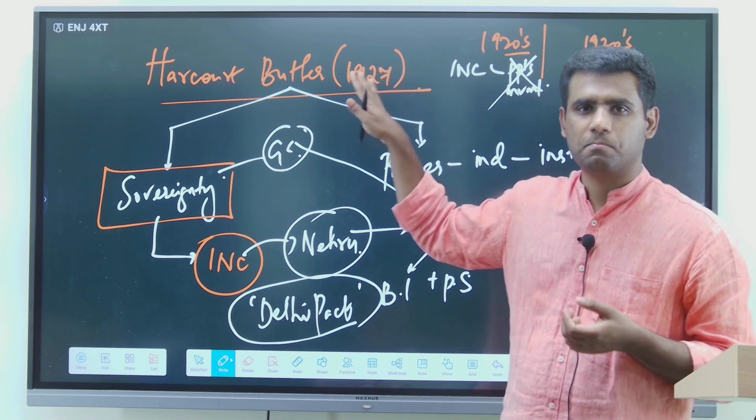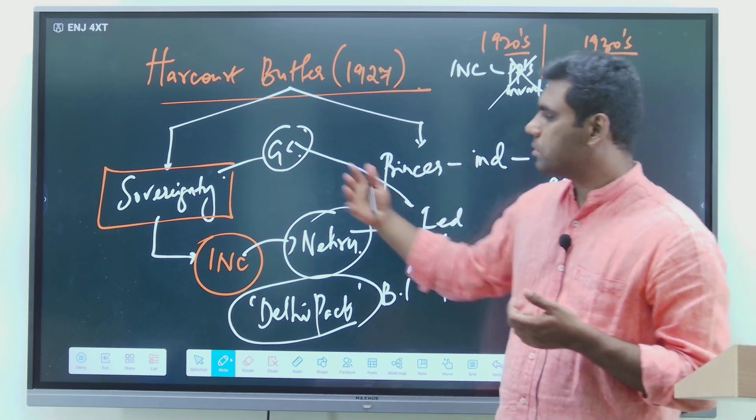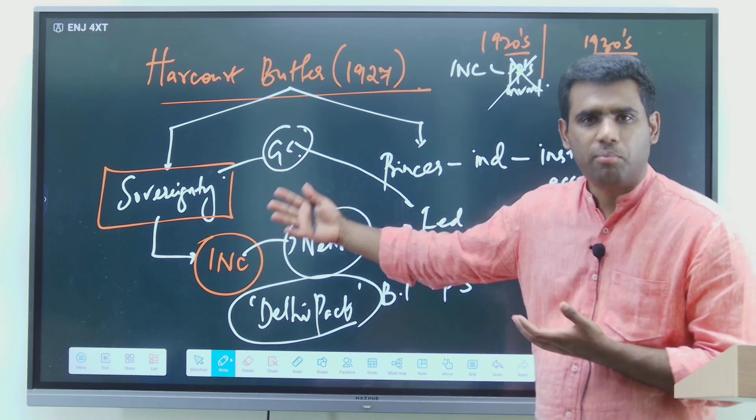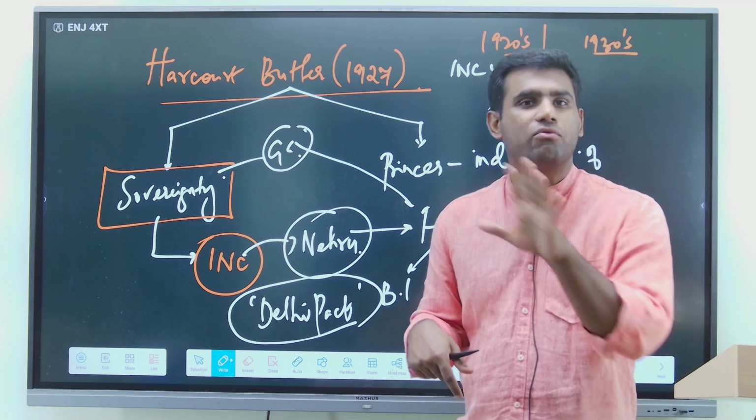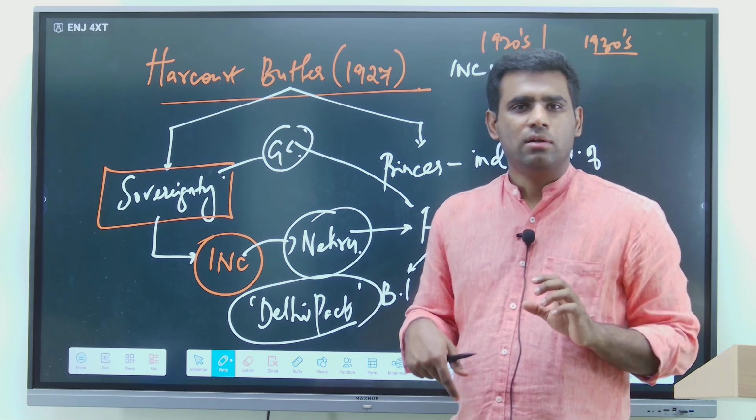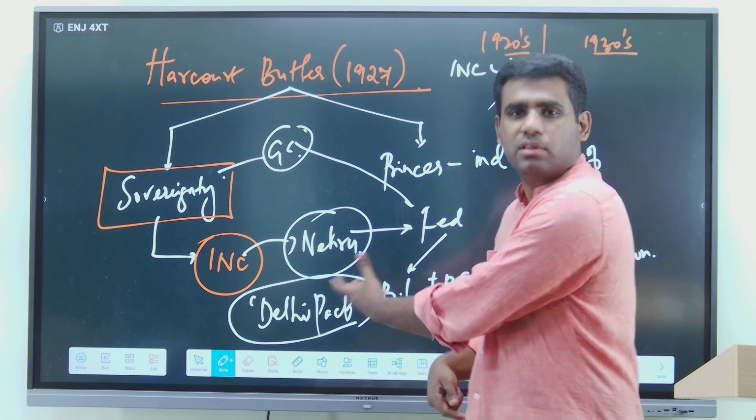the princely states, right? So that's why the princes were able to warm up to the politics of the Indian National Congress, and since the Nehru Report had spoken about the idea of a federal body, the princes found relief in that federal body.